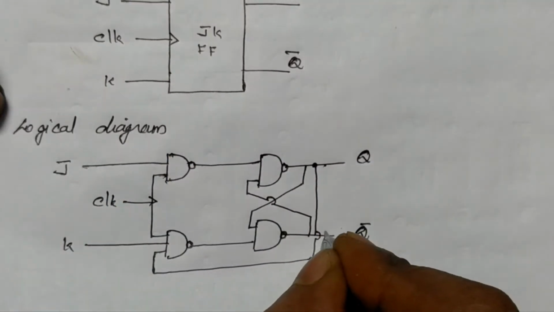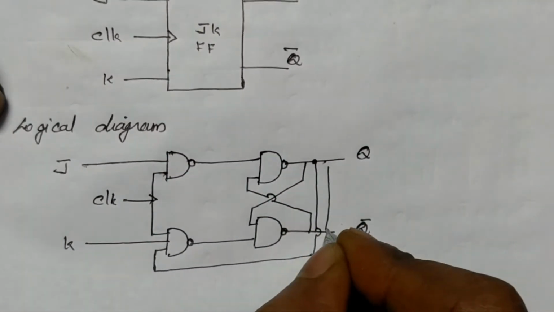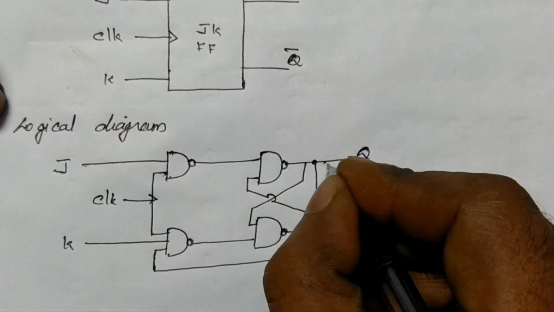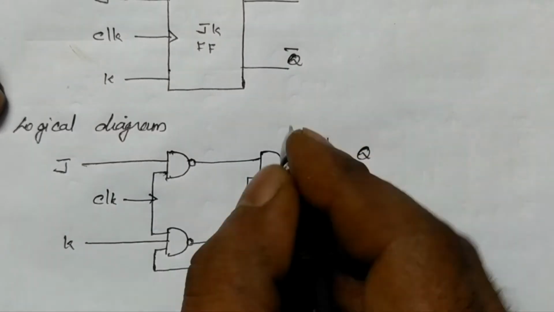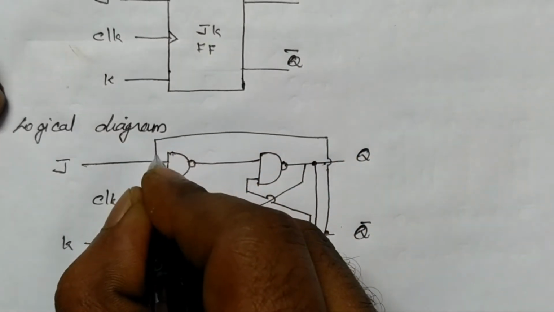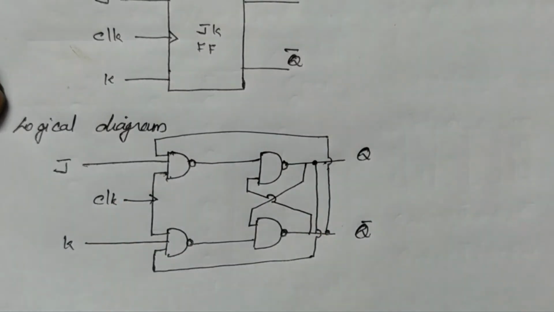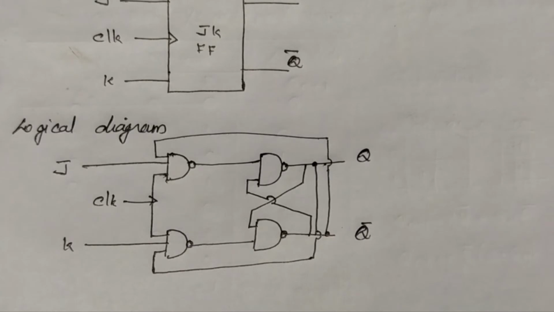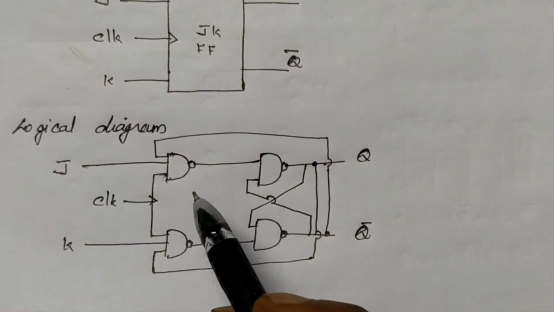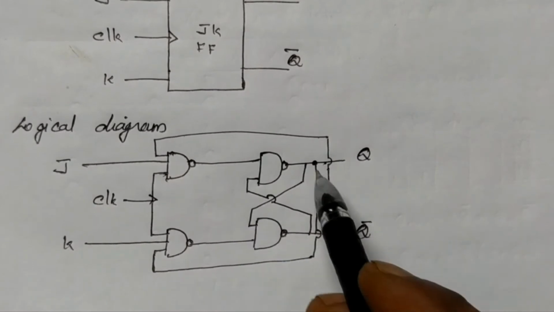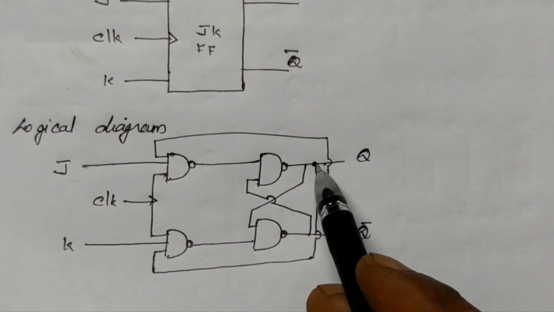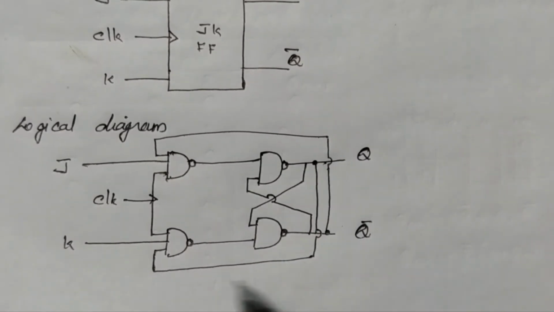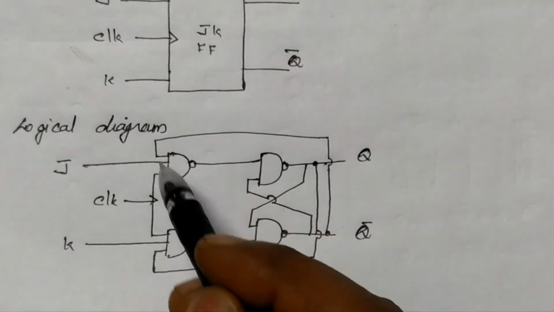Likewise, from Q bar it's connected to here. Okay, so this is the logical diagram of JK flip-flop. It's similar to SR flip-flop, but there is a feedback which is taken from the second level and connected to the first level.